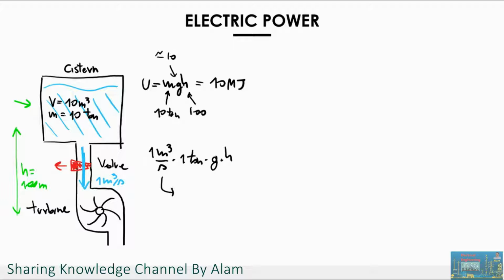So this is equivalent to, if you do the math, 1 megawatt. So this is the amount of energy that is transferred every second from the system through the turbine. So in this case, because we have 10 megajoules and we are delivering a power of 1 megawatt, that means that after 10 seconds all the energy will be consumed.